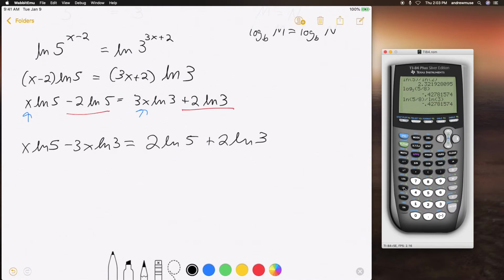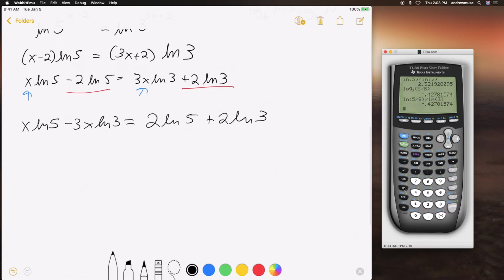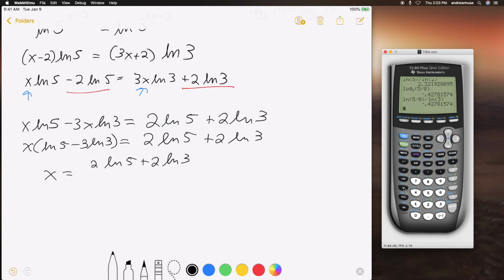Okay, then to get x alone by itself, to isolate it, I can factor it out as a common factor. And everything in those parentheses is literally just a number. So I can divide by all of that, everything in the parentheses.